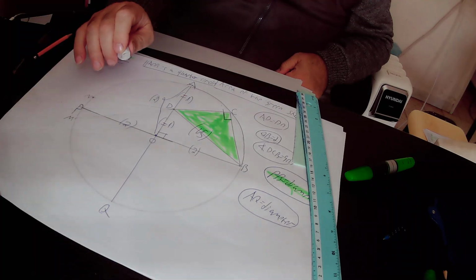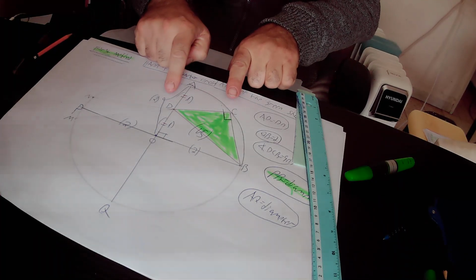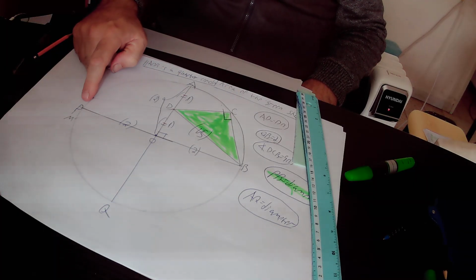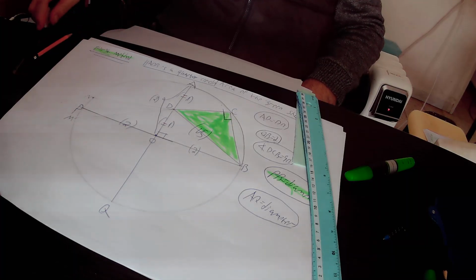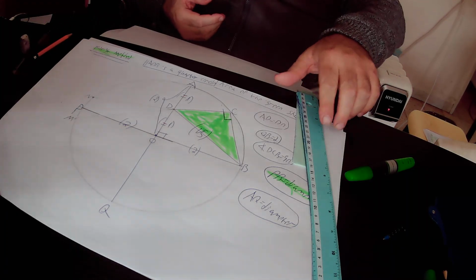And therefore, we must conclude that the extended side CD will touch the circle at point P and not at any other point. Otherwise, we will have a contradiction to rule 5.